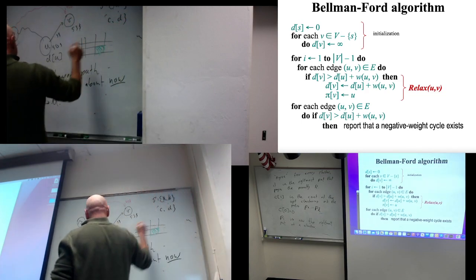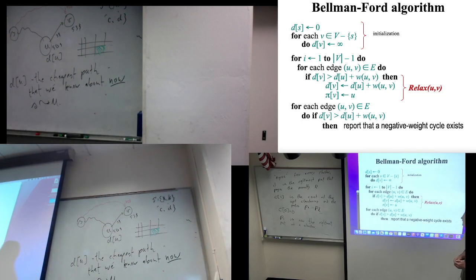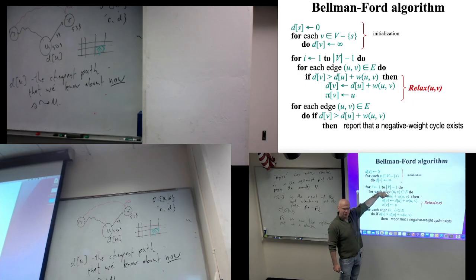I needed to make sure that these cells hold the final value. If I knew that D of U holds the final value, the shortest path to U, that it's not going to be updated, I would never bother doing the relax operation once again for this particular edge.